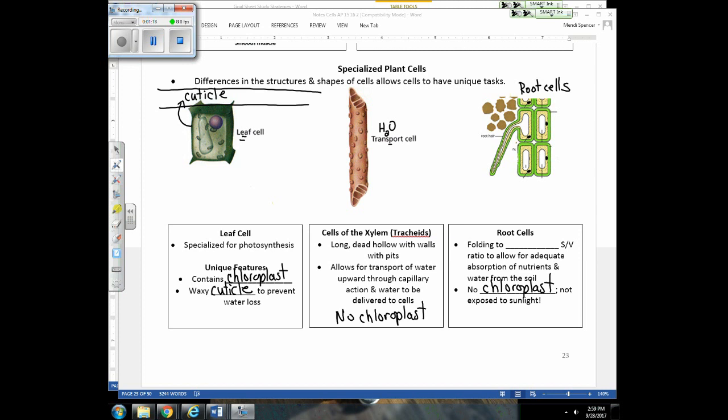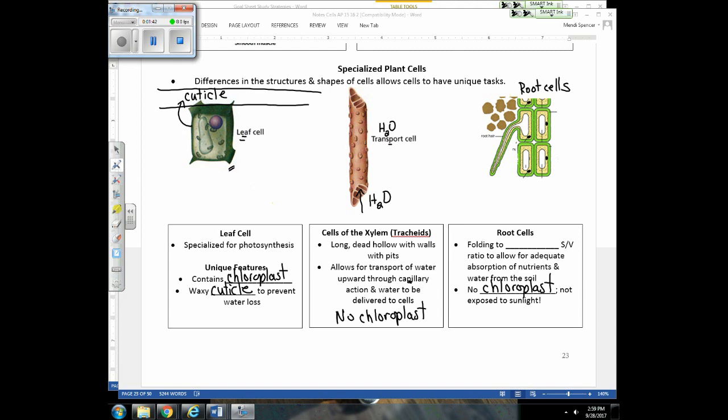When we look at the water transport cell, obviously it looks way different than your typical plant cell that you are used to seeing. They are long, dead, and hollow, so that allows area for water to travel. They have to be long and skinny so that water can move through capillary action, through adhesion and cohesion. When we look at root cells, normally they're not these perfectly square cells.